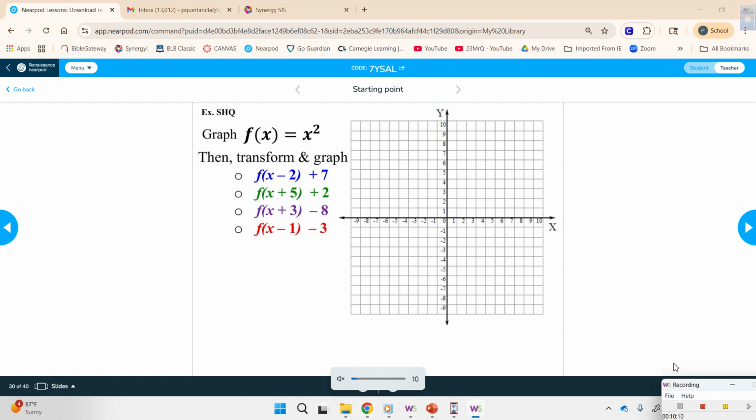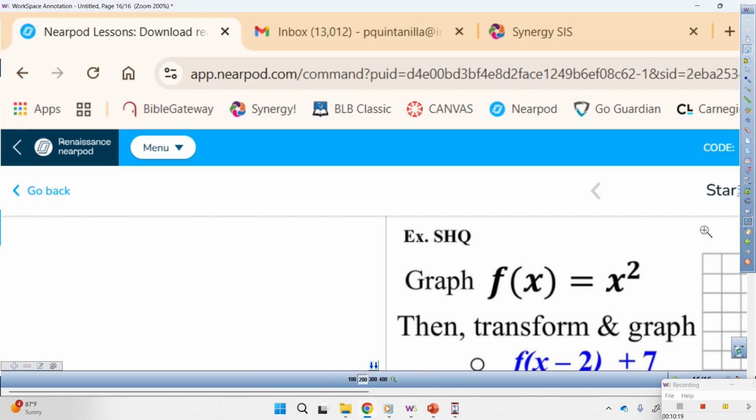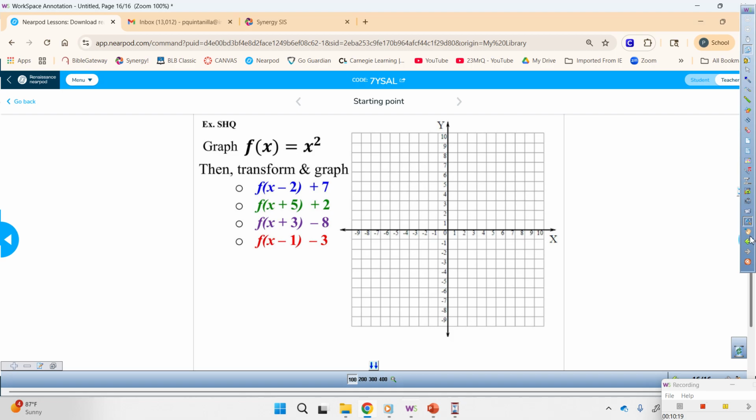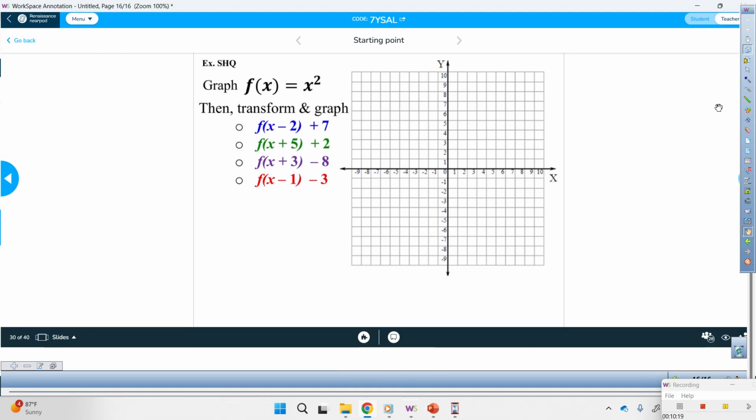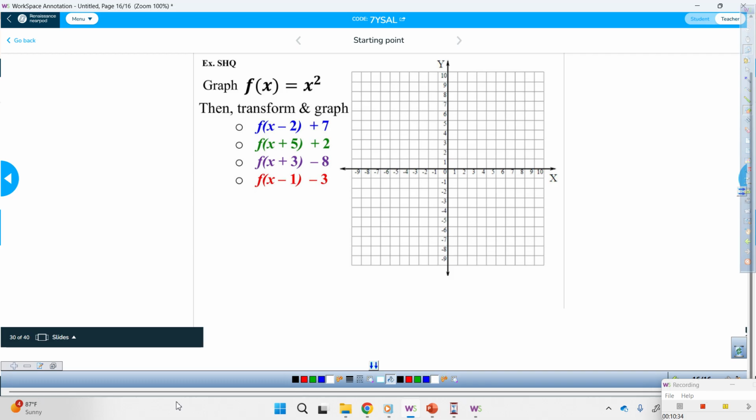All right, so just to make sure that we're on the same page, remind your neighbor, what domain do we use when I ask you to graph an original function? What domain do we use?